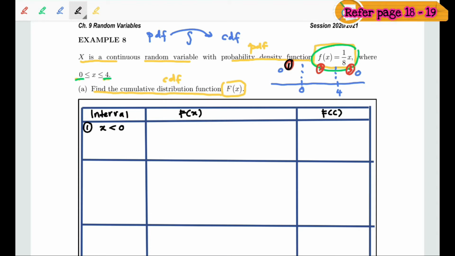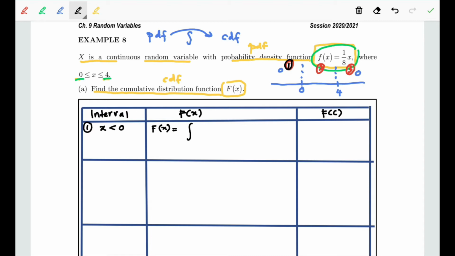So how are we going to find the capital letter F(x), or in other words, the CDF? Just remember that to write the notation for the CDF, you need to use the capital letter F, equals to, and since we're going to find the CDF, we're going to integrate.